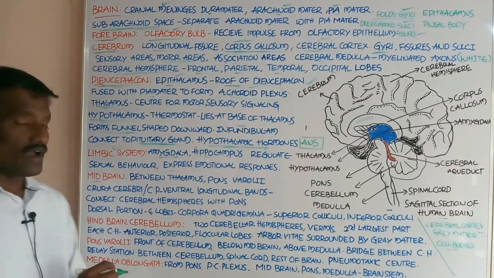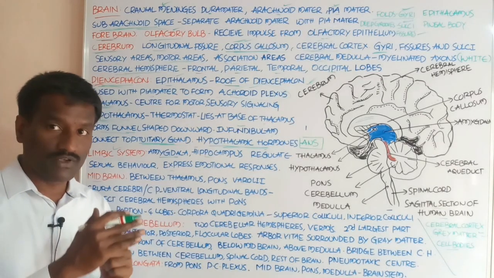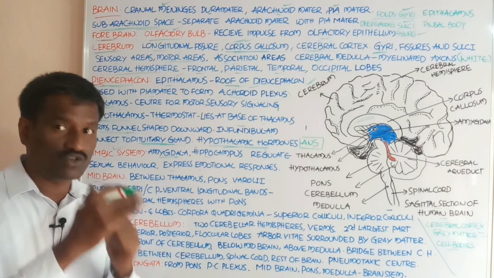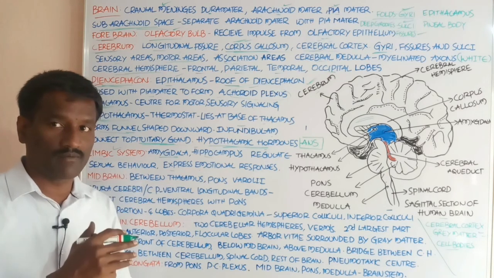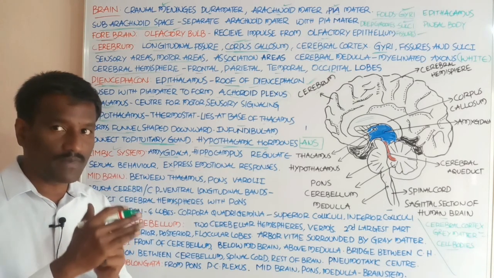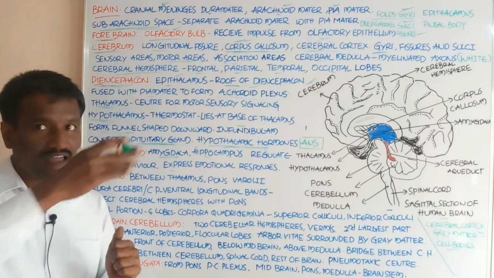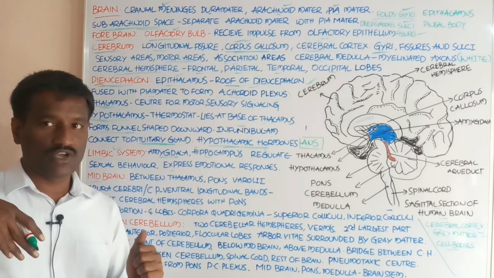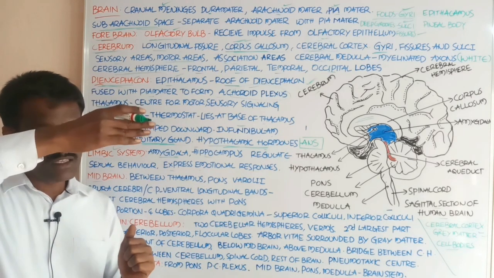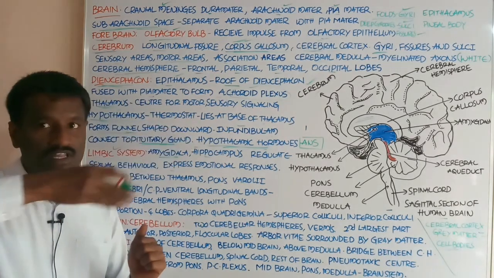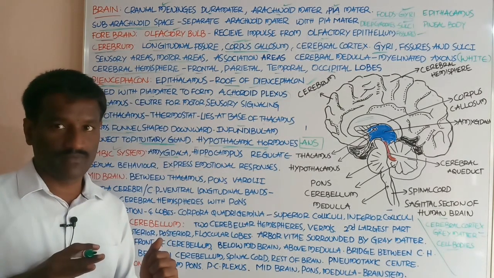If you observe the ventral portion of the midbrain, it shows band-like structures arranged with neural fibers.